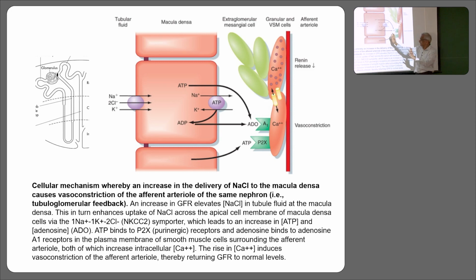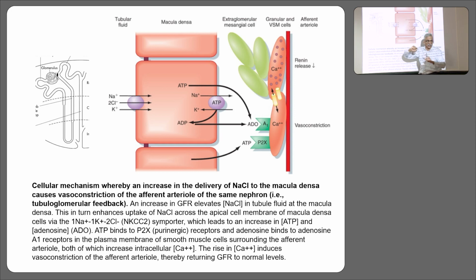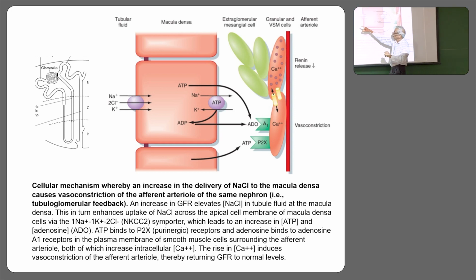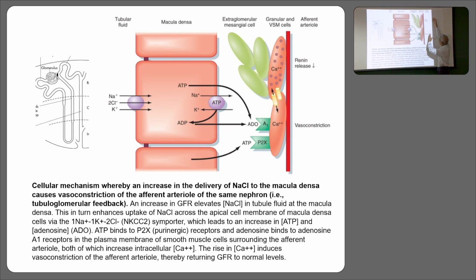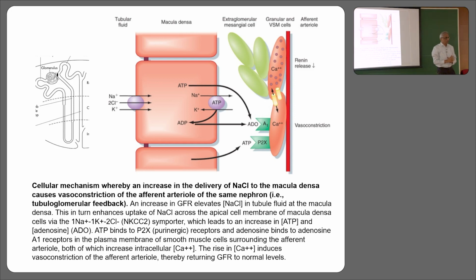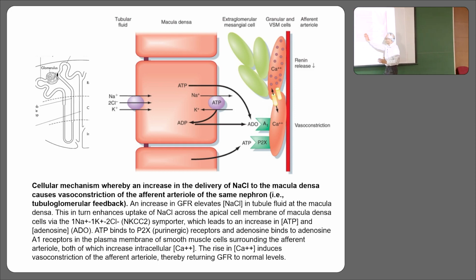On the other side there is that Bowman's capsule, with the afferent arteriole going this way. I am talking about the cells of the urinary tubule, and the urine is going this way.